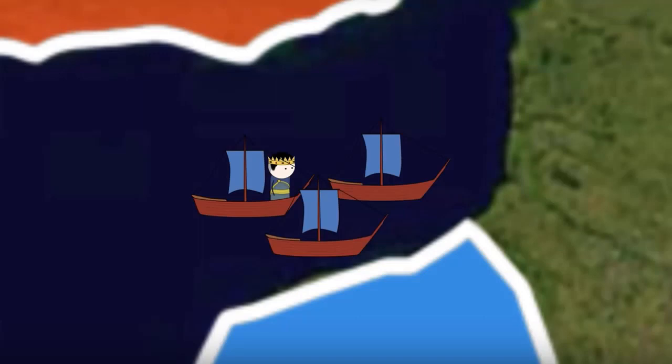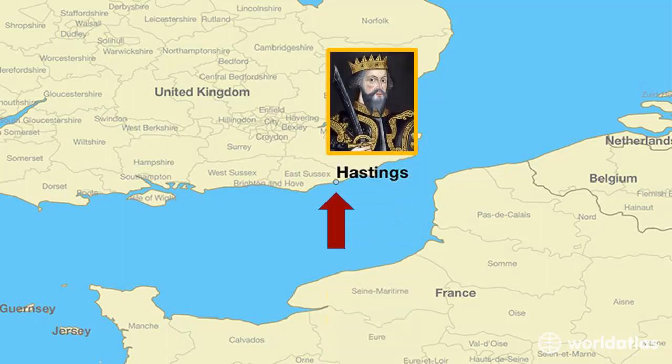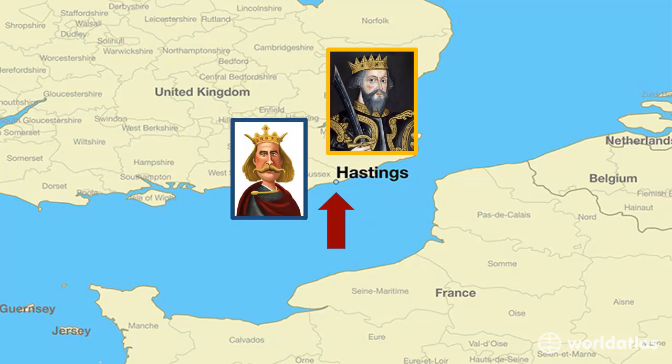Finally, the wind blew the right way for William and his army. They began preparing for their journey to get the English throne. William and his men arrived and landed on the English coast and set up near Hastings. Harold and his exhausted army had to go all the way south just after their battle with the Vikings.